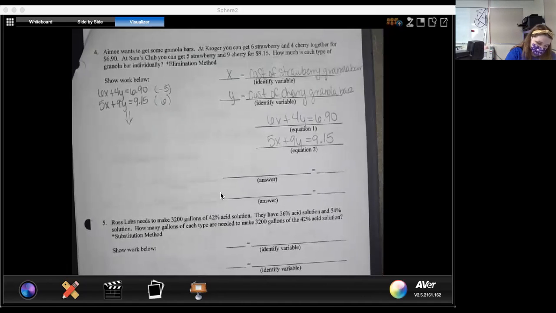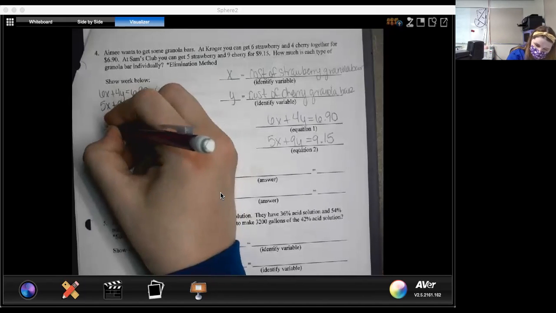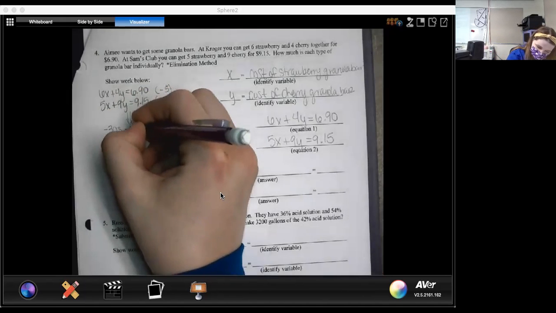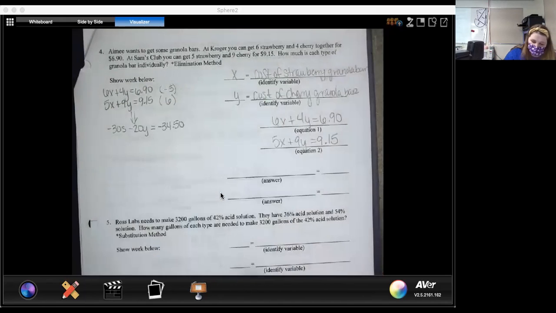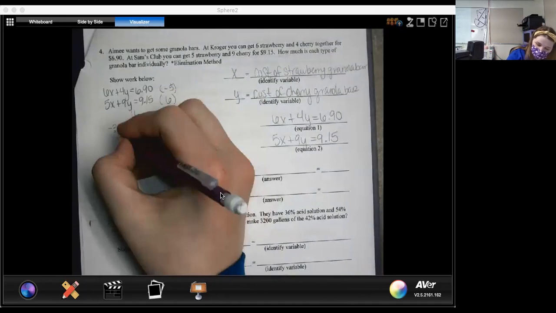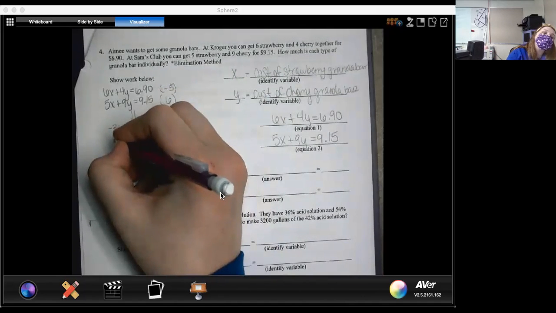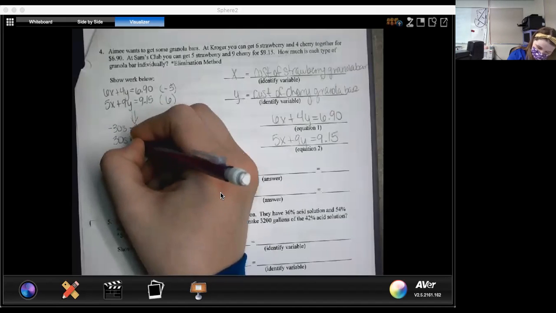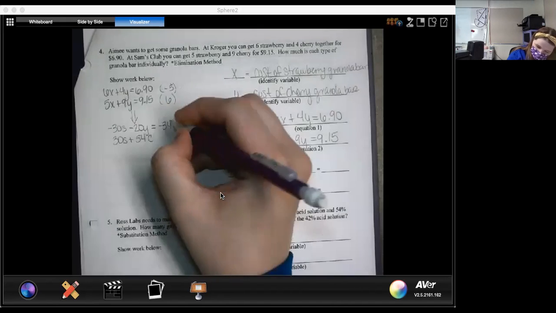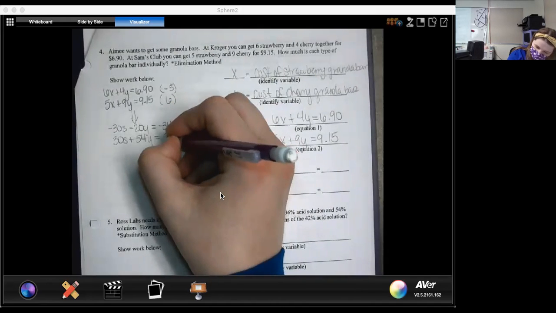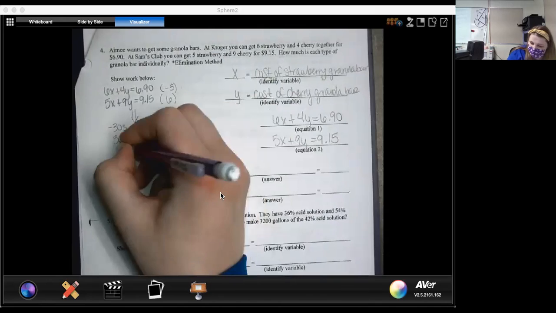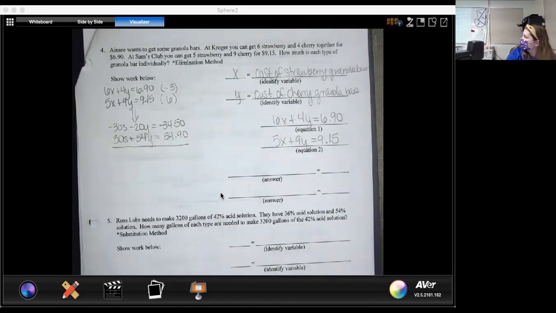Dariana, what should we get for the first equation when we multiply that out? And Dariana, what do we get for the other one? Yes, correct. Good.